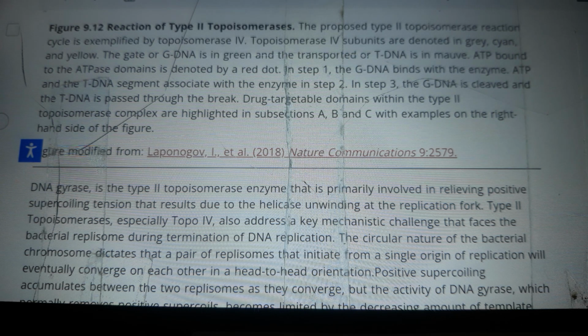In step 1, the gDNA binds with the enzyme. ATP and the tDNA segment associate with the enzyme in step 2. In step 3, the gDNA is cleaved and the tDNA is passed through the break. Drug targetable domains within the type 2 topoisomerase complex are highlighted in subsections A, B, and C, with examples on the right-hand side of the figure.